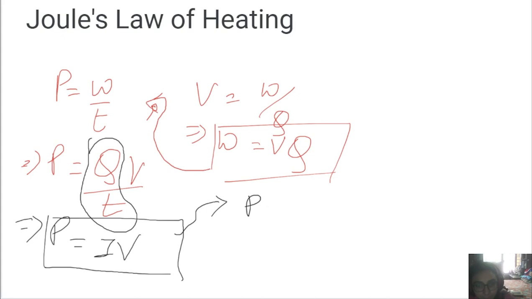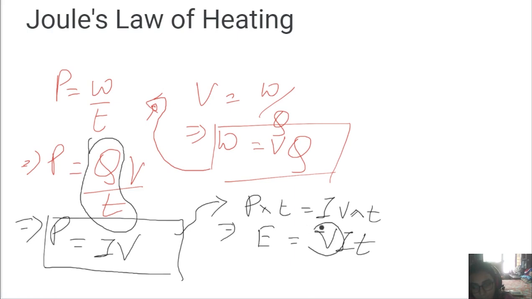So P into T equals IV into T. We have to multiply both the sides by T, then only we'll find the energy. So energy equals VIT. Another thing, if the value of V is not given in our equation, what do we do? We simply use this formula again.